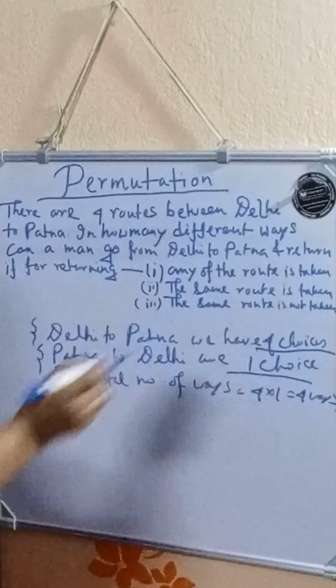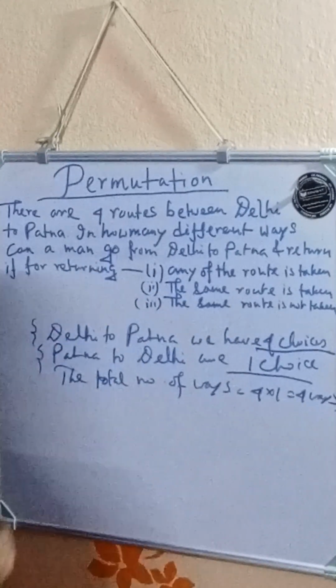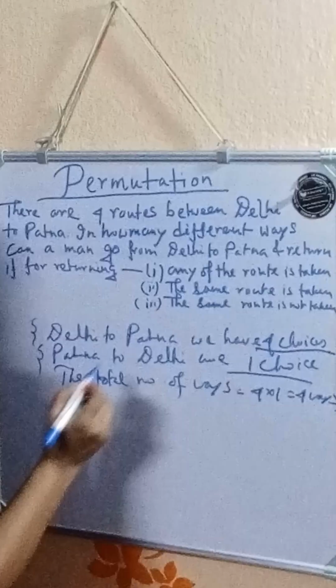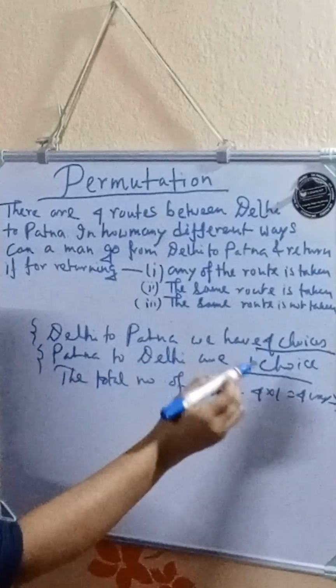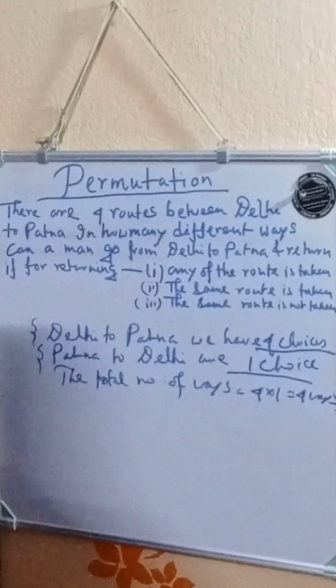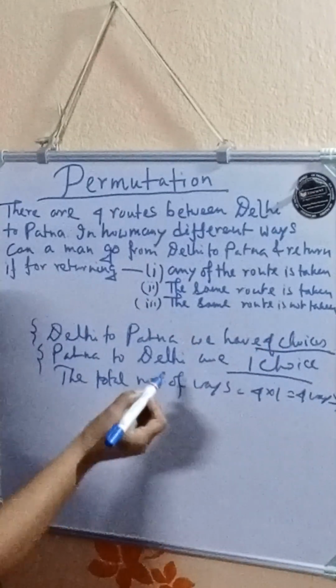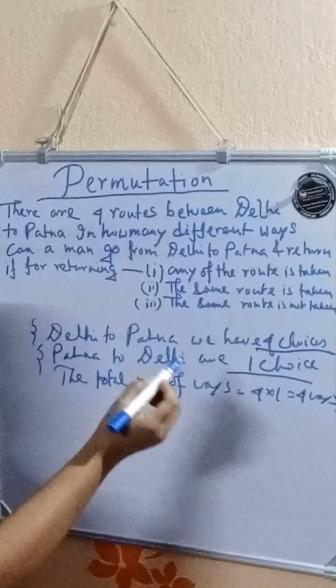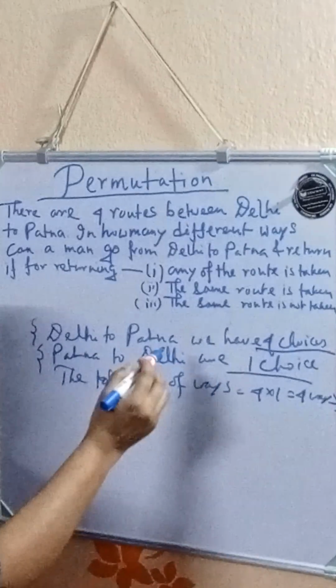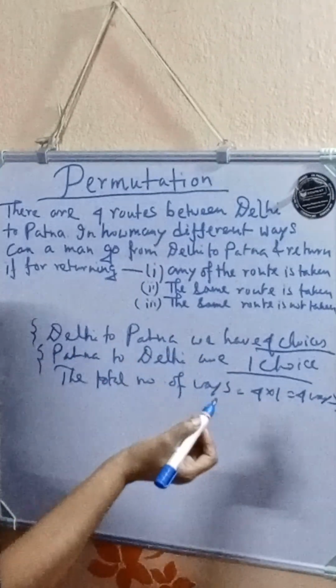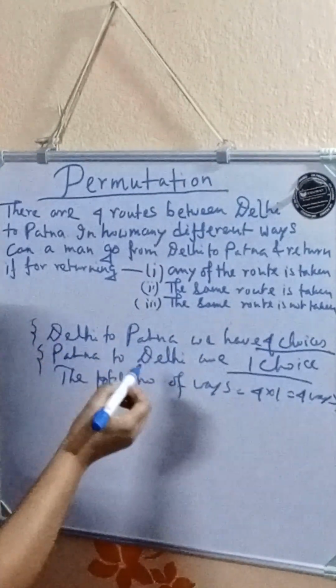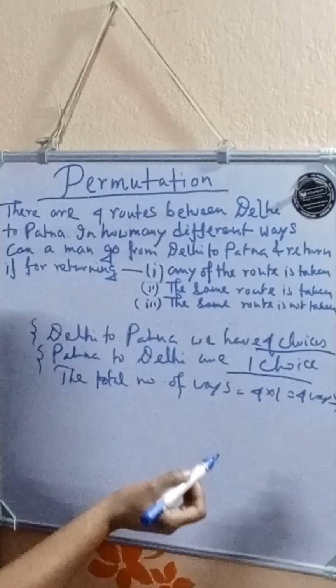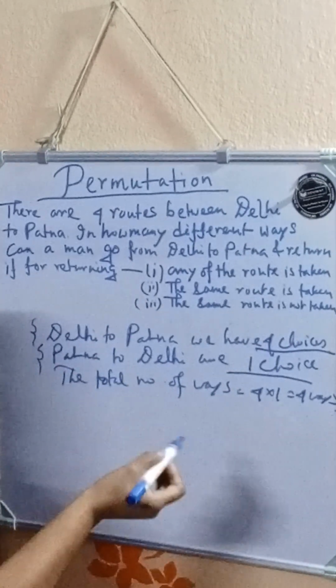Now, if the same route is not taken, means when we are going from Delhi to Patna, we have 4 choices. But when we are returning from Patna to Delhi, we have only 3 choices, because the route by which we went from Delhi to Patna cannot be chosen for returning.